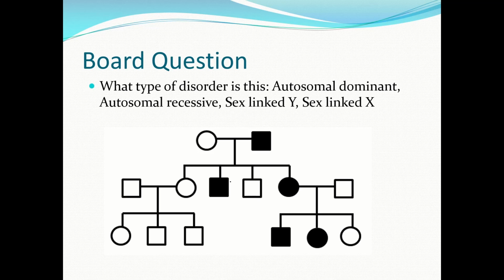Okay, this one here, boys and girls are getting it, which leads us away from sex-linked. So dominant or recessive, we're seeing it all the way through. So let's take a look if it's recessive first. So if it's recessive, that means it's like that, and that means it's like that. It's got to be like that, right?